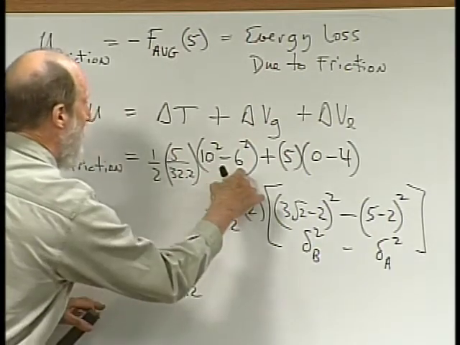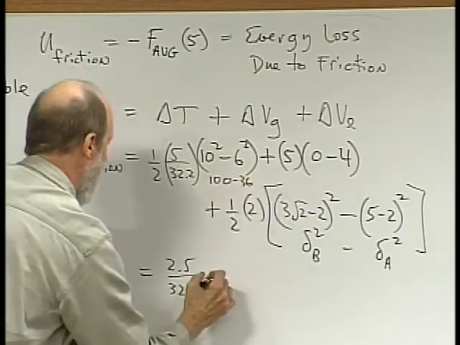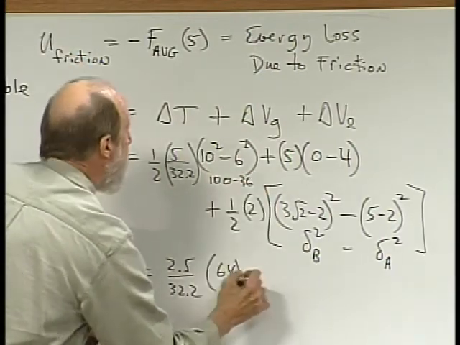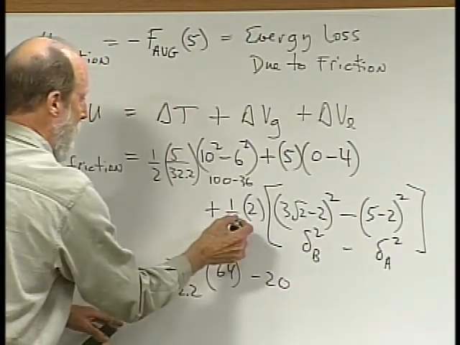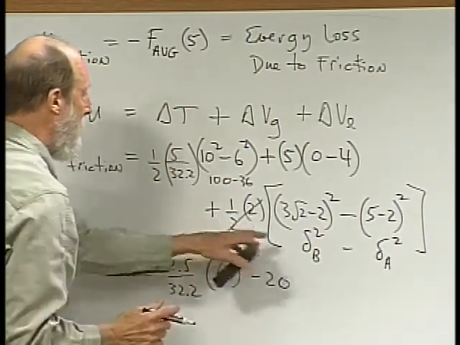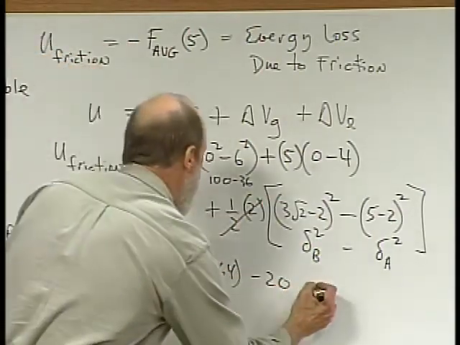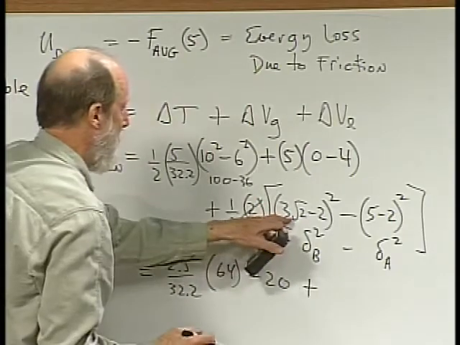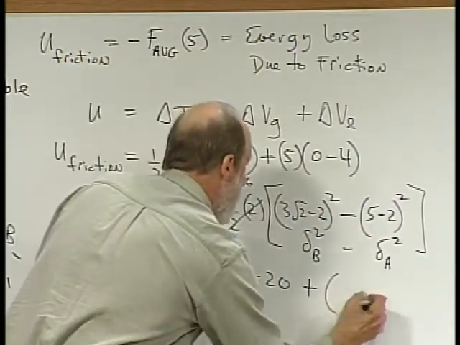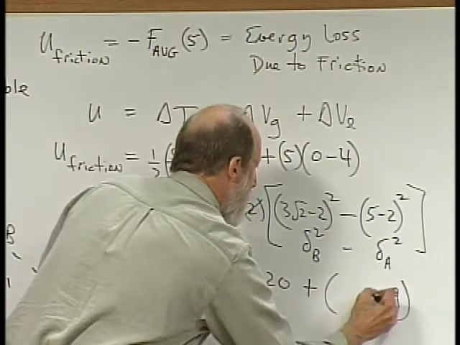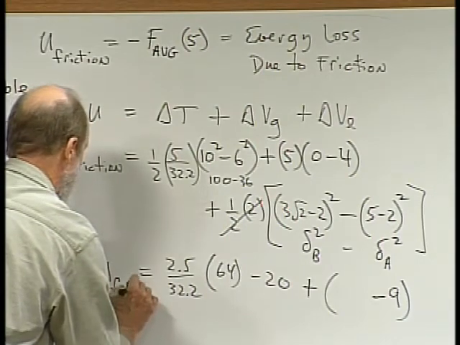And I've got 100 minus 36 is 64. And then here I have negative 20. Down here, the 2's disappear, and we're left with that difference squared minus 9. And that's going to be equal to this U due to friction.